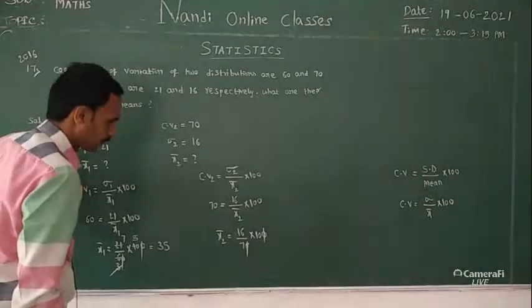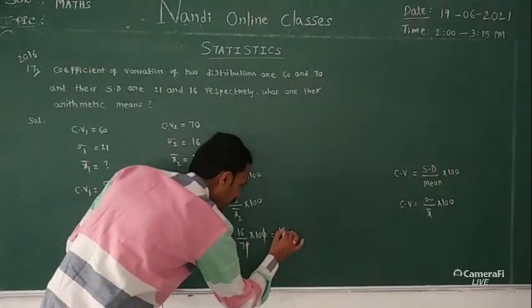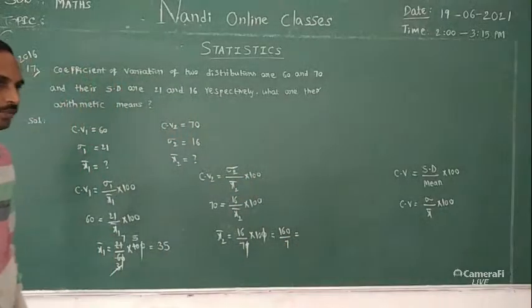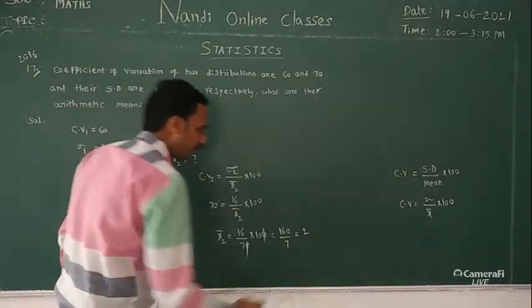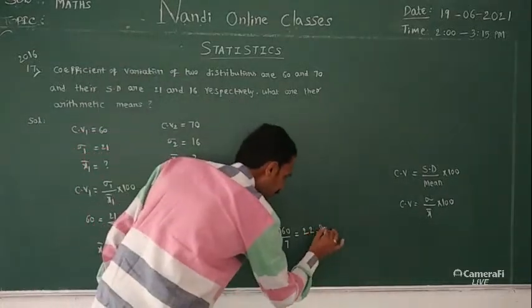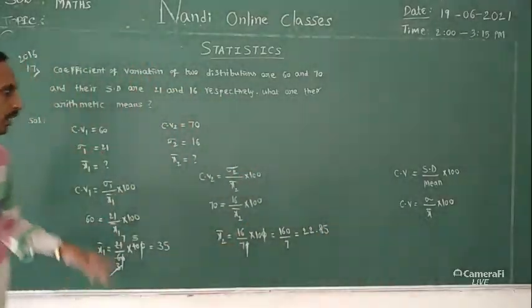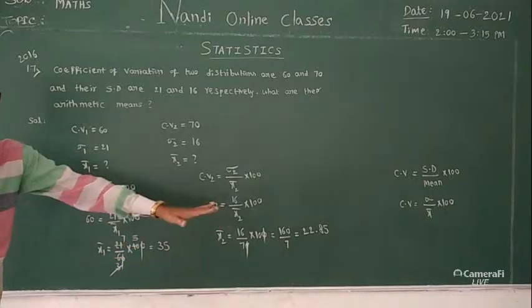Is equal to 16 into 10, 160 divided by 7. 7 twos are 14, 20 will come, 7 twos are 14, 60 will come, 7 eights are 56, 7 fives are 35. So 22.85. So the arithmetic means are 35 and 22.85.